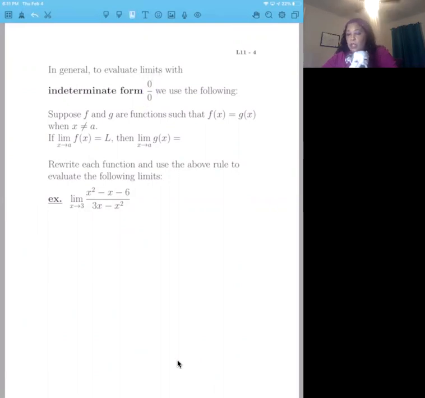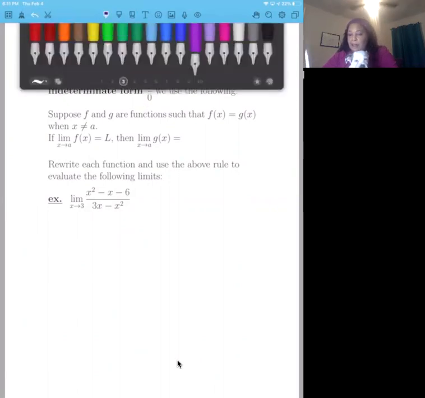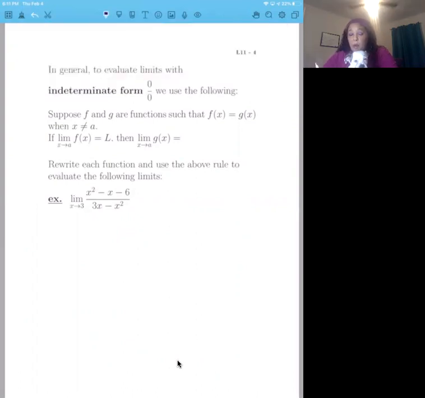But what we're going to do is, if I get something that looks like 0 over 0, that means I definitely have a way to do some type of manipulation so that I can cancel out the factor giving me a problem in the denominator, so that the denominator is not equal to 0. So you can use L'Hopital's rule for indeterminate forms, but we're not going to do that in this class. I just thought I would mention it.